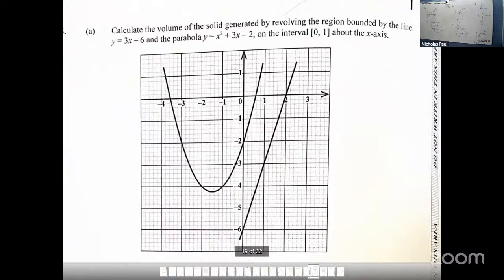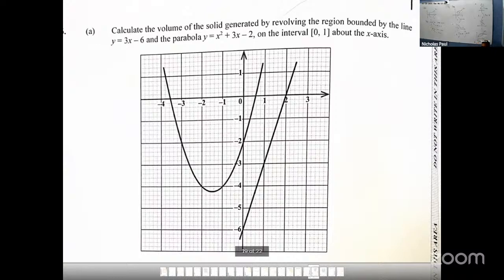Do you think the curve or the line? The line will produce the larger volume. Kind of shaped like a cone, part of a cone. When you rotate a line that slants like that across the x-axis, what shape will it form?